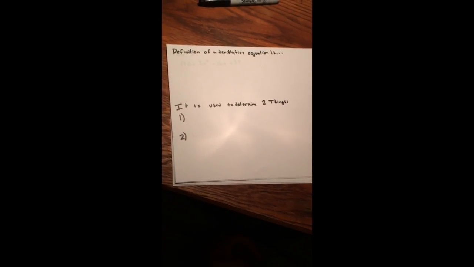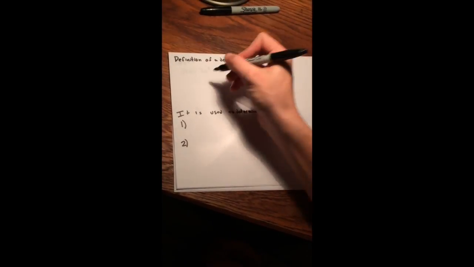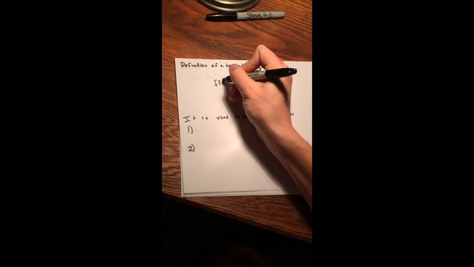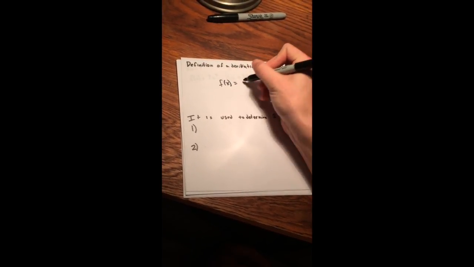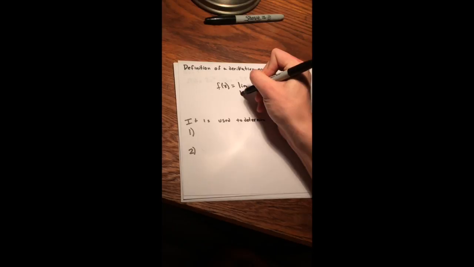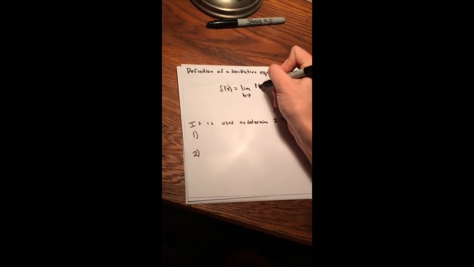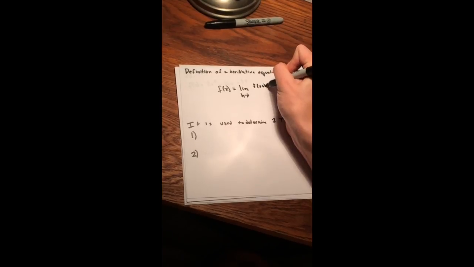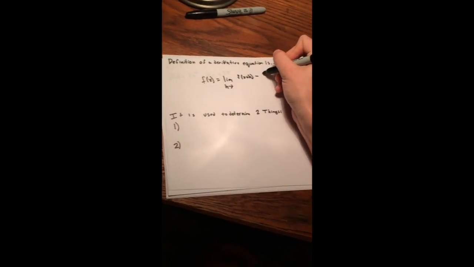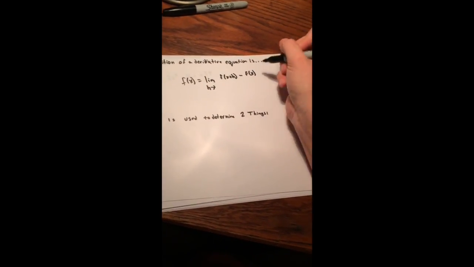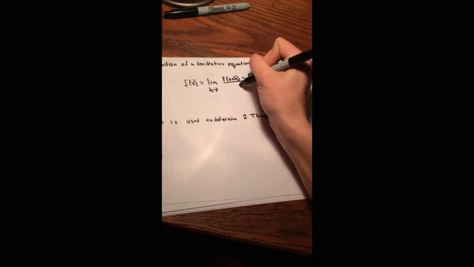So, the definition of a derivative equation is f prime of x equals, as the limit of h approaches 0, f of x plus h minus f of x over h. It is used to determine two things.